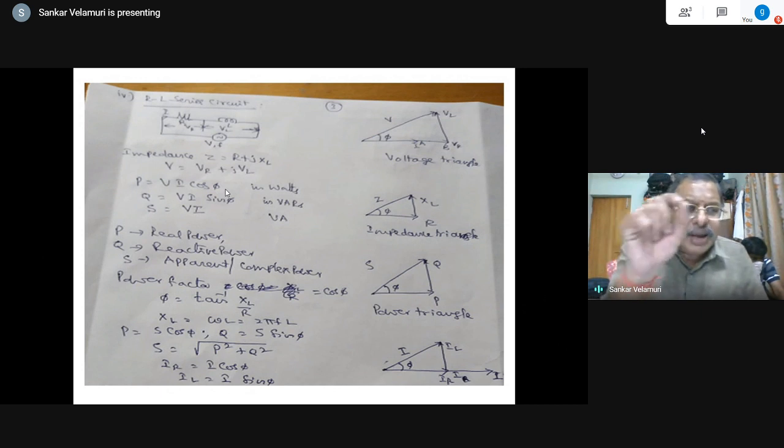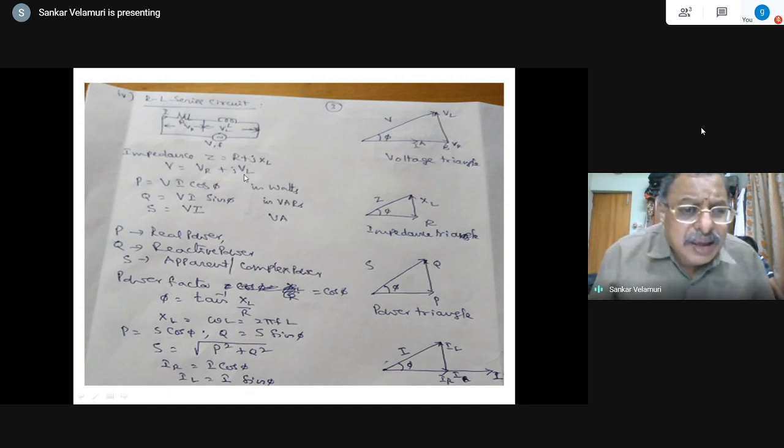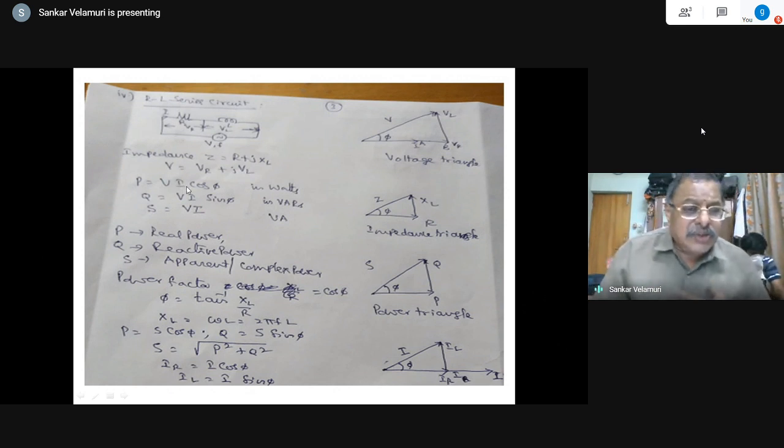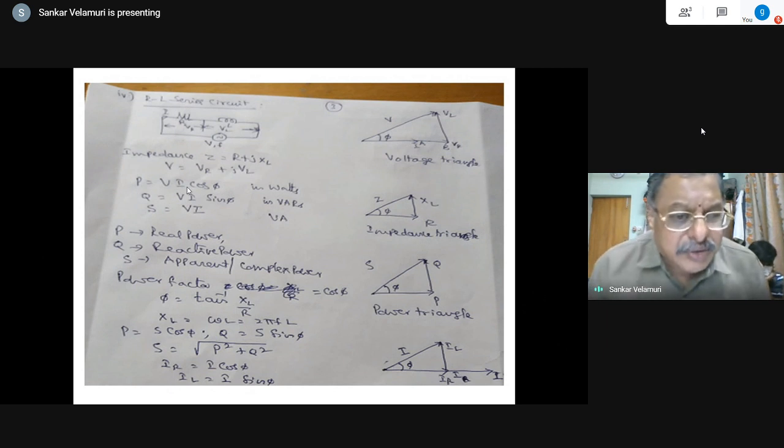Everything should have been written V bar, I bar, which we are trying to eliminate for simplicity. As long as there is clarity and we define the quantities consistently, it should not matter. Some standard textbooks follow different notations, but for convenience we have chosen V and I as the phasors here, not scalar quantities.